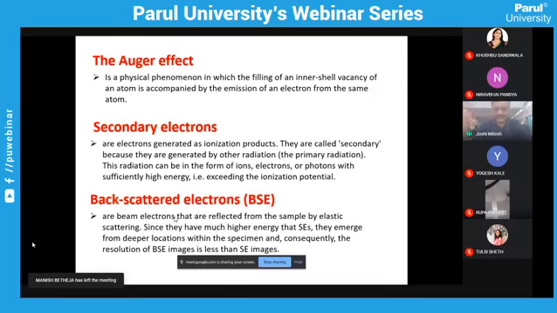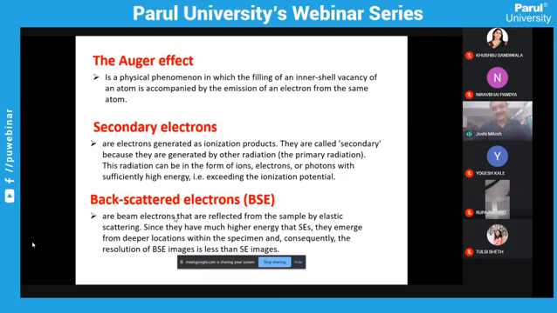This energy can be transmitted to another electron, which is also ejected. The second electron, ejected due to the energy released from the first electron, is called the Auger electron. Auger electron spectroscopy and Auger electron scanning microscopy are important.